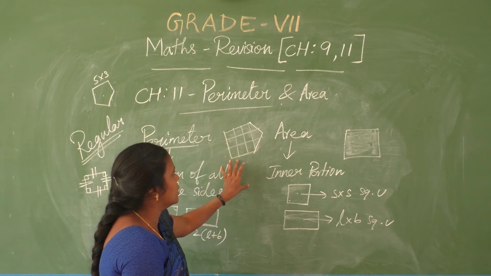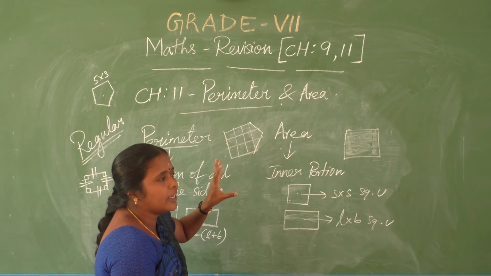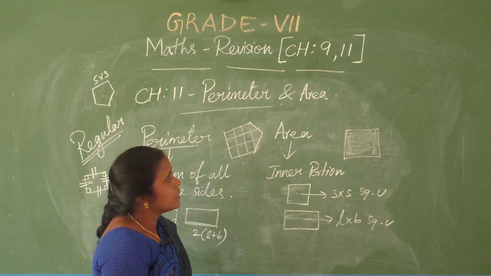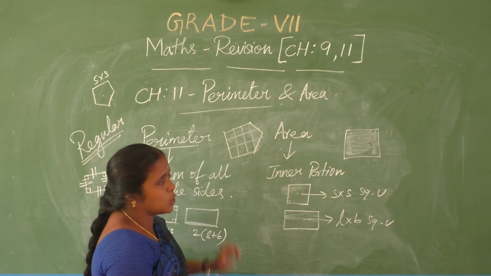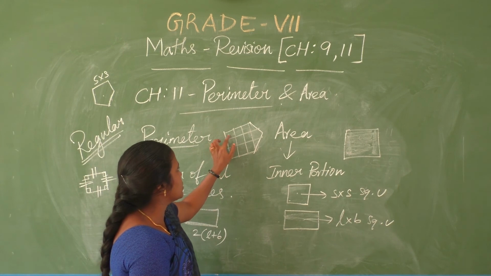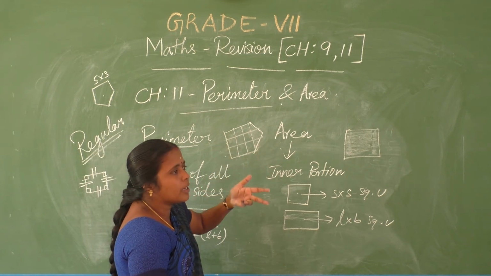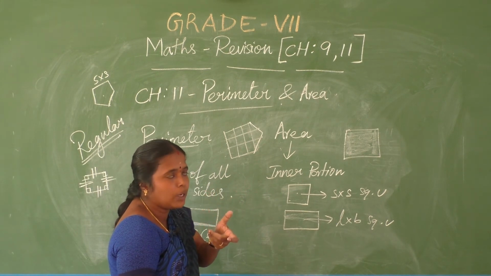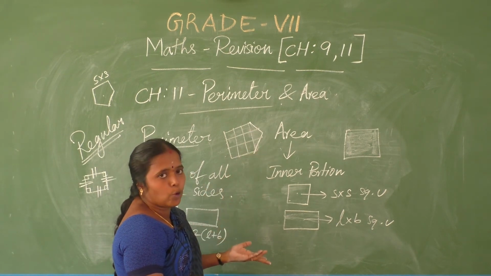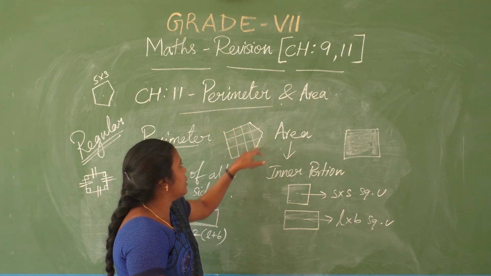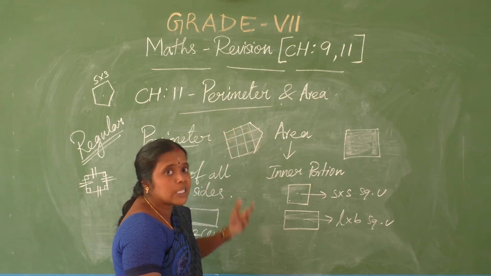You have learnt that. Here we can't use any formula. You count the full squares, and half squares and more than half squares are considered as one full. Less than half you can omit. This is the procedure for finding the area of a figure like this approximately.